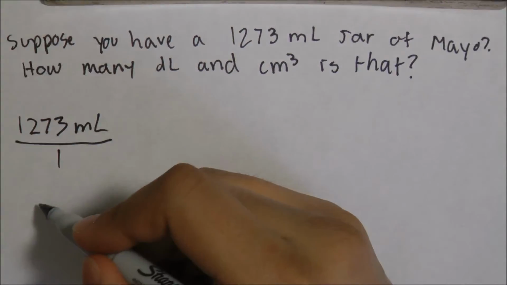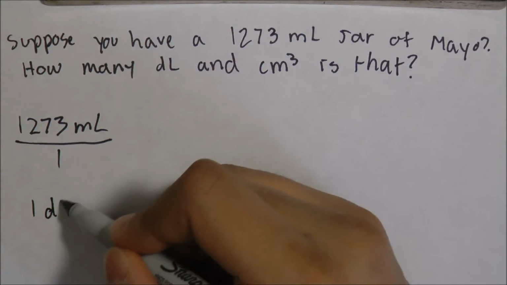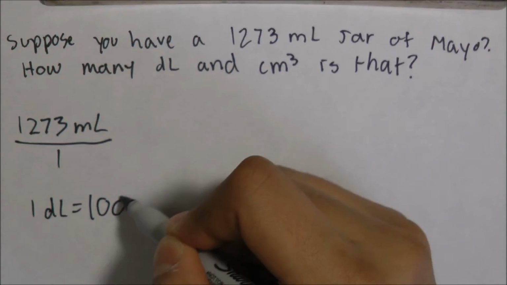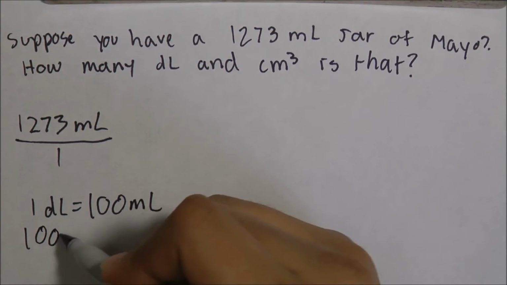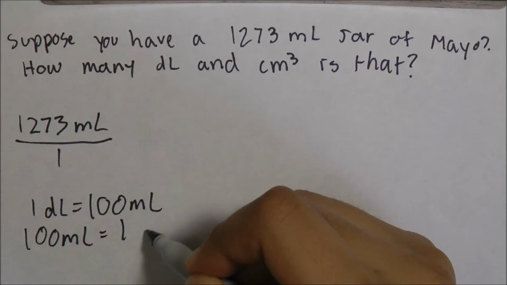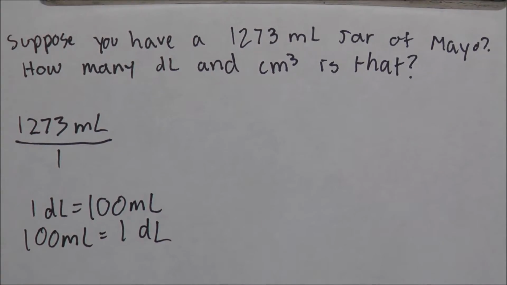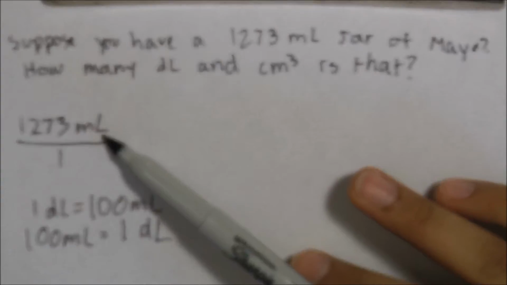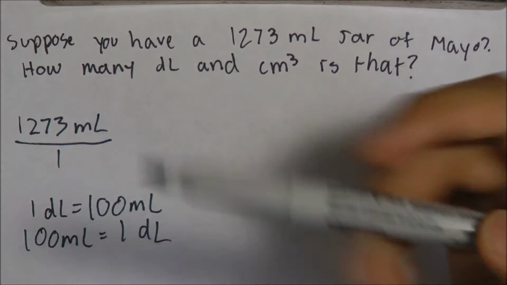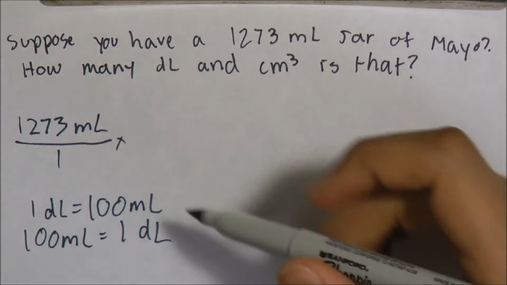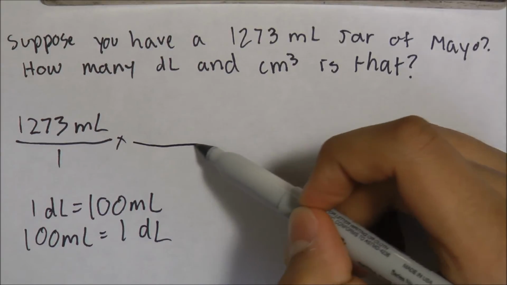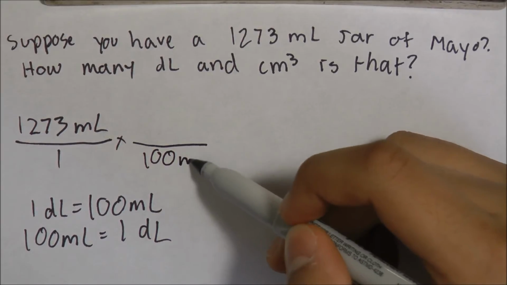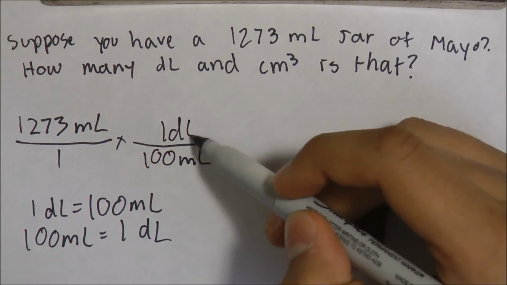Well, we know that 1 deciliter is equal to 100 milliliters, and also 100 milliliters is equal to 1 deciliter. They are both the same thing, but can be used different ways. Now, you want to get rid of milliliters and change them to deciliters. How would you do that? Well, you need milliliters on the bottom to cancel it out, so you have 100 milliliters over 1 deciliter. Just this one.